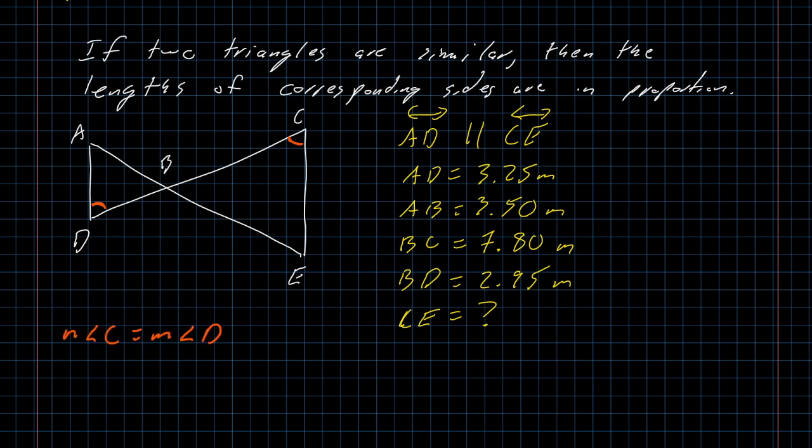Angles C and D must have the same measure. I also know that these two angles at B have to be equal to each other because those are vertical angles.